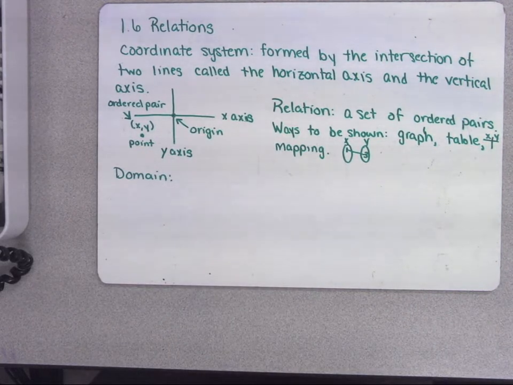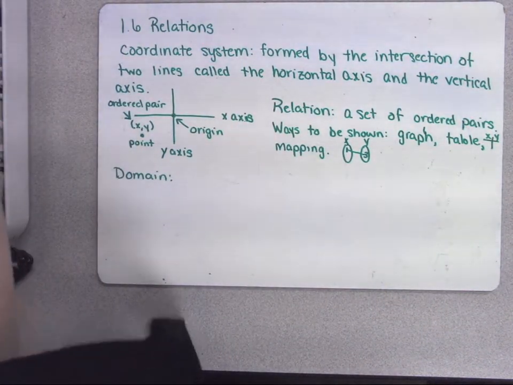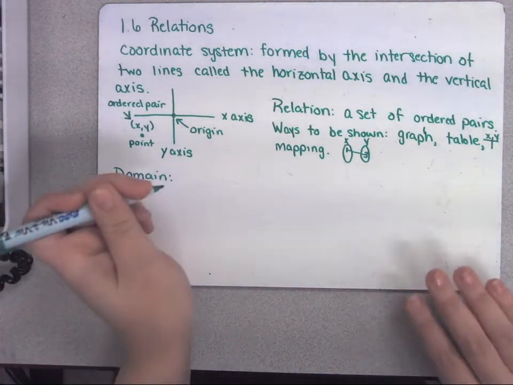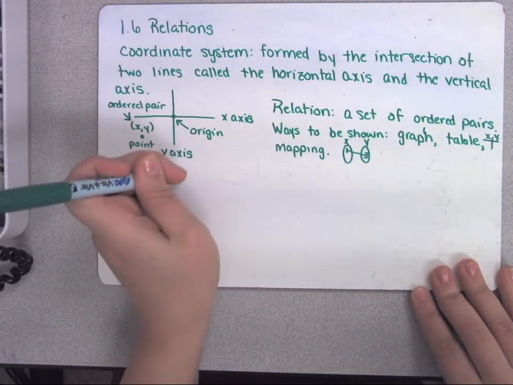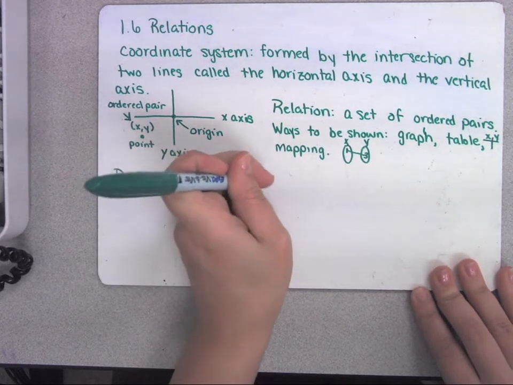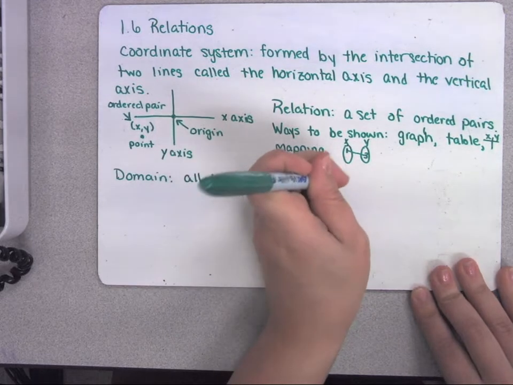You want to take a guess? It's a 50-50 shot. What do you think we're talking about if I say, this is my domain and move my arms in front of the camera? I think I'm talking about my X's or my Y's if I'm going like this. My X's. Yep, domain is all the X values of the relation.